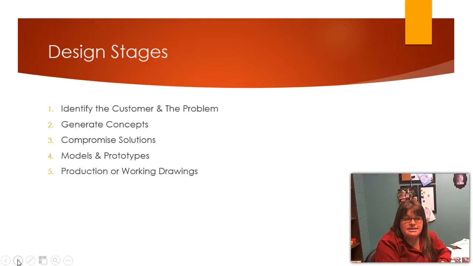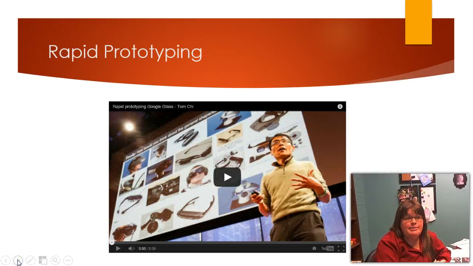So there are different design stages. You can read about these in your textbook. There are 5 different steps, and the ones that we're going to focus on the most in this class are steps 4 and 5. Step 4 talks about rapid prototyping, and I'm sure we've all heard about Google Glass. You can watch this video here that shows Tom Chi from Google, who works in the quote sci-fi department at Google, and how he went about rapid prototyping.